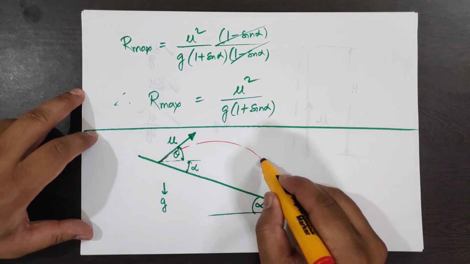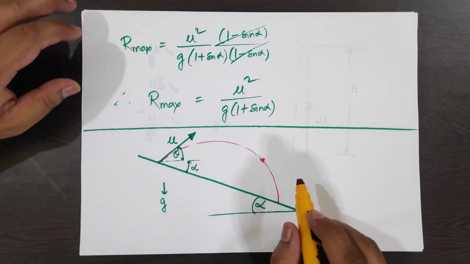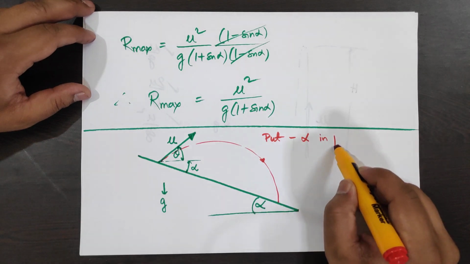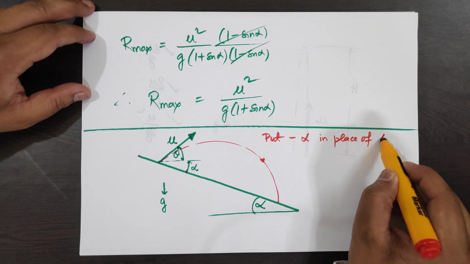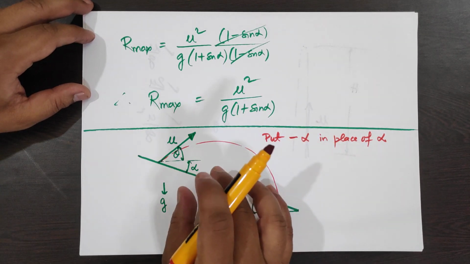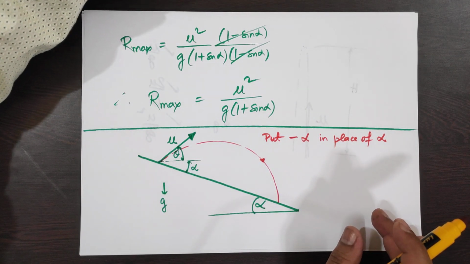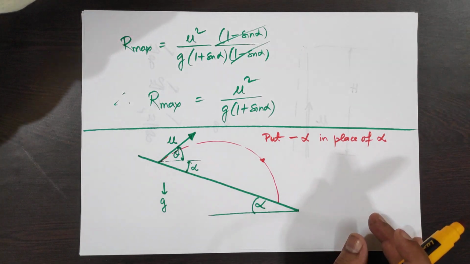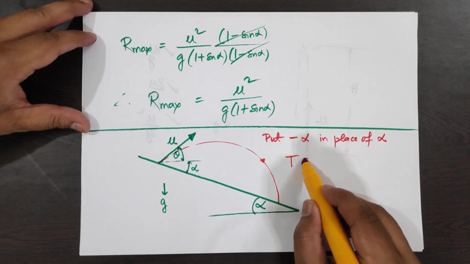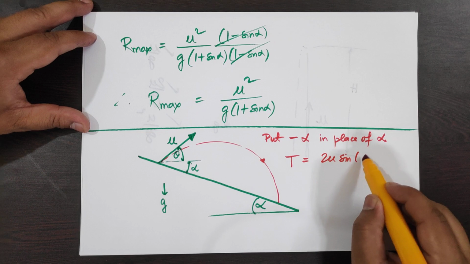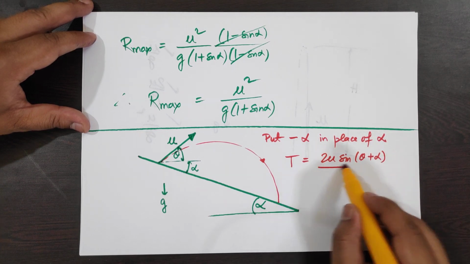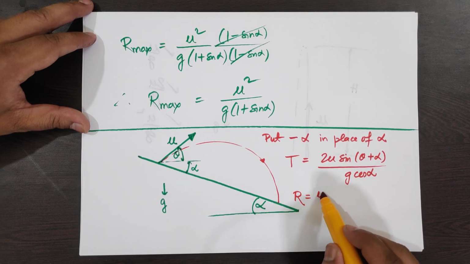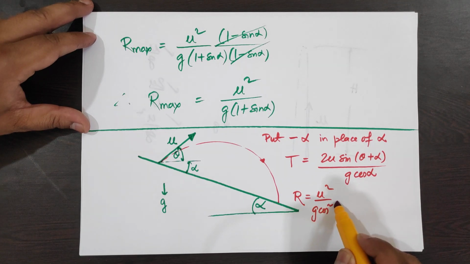For calculating the total time of flight, I can apply that equation. You will put minus alpha in place of alpha. That's it, your job will be done, because it is downward inclined, so put minus alpha in place of alpha. And here the total time of flight you get, T equals 2u sin(theta plus alpha) divided by g cos alpha, and for range it's u squared by g cos squared alpha.